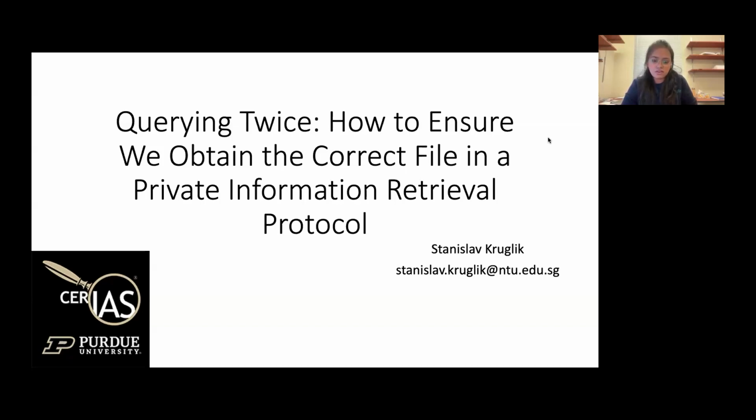His work has appeared in top venues, including IEEE Transactions on Information Forensics and Security, and the European Symposium on Research in Computer Security. His research interests are in information theory, and today he's going to talk about how to obtain the correct file in a PIR protocol.